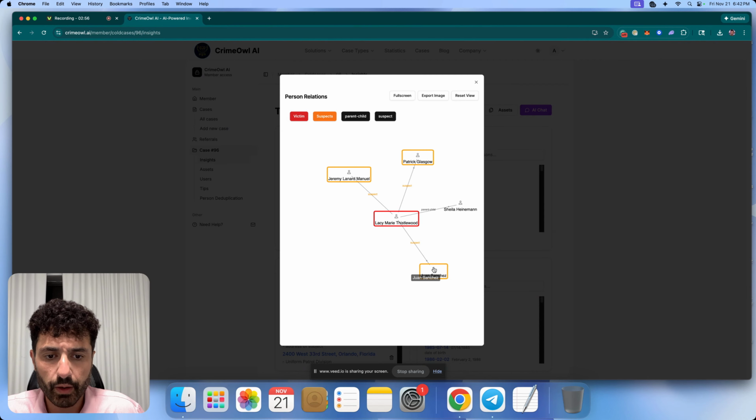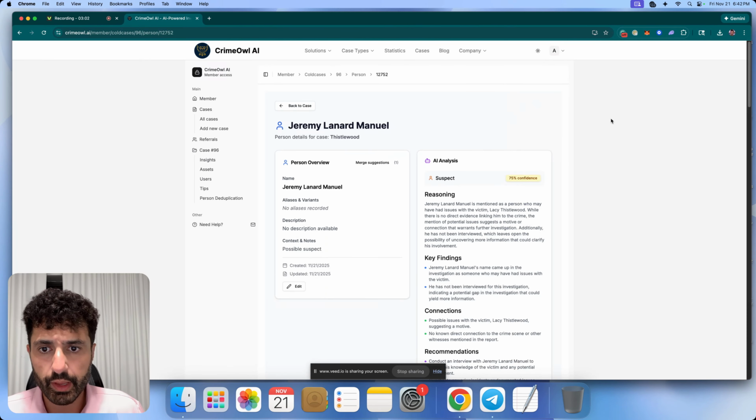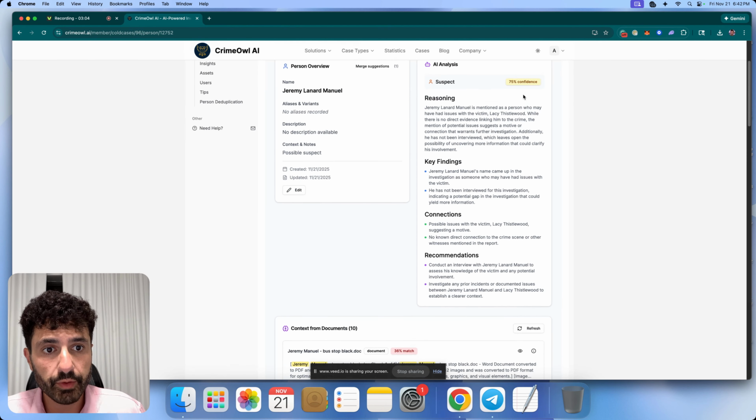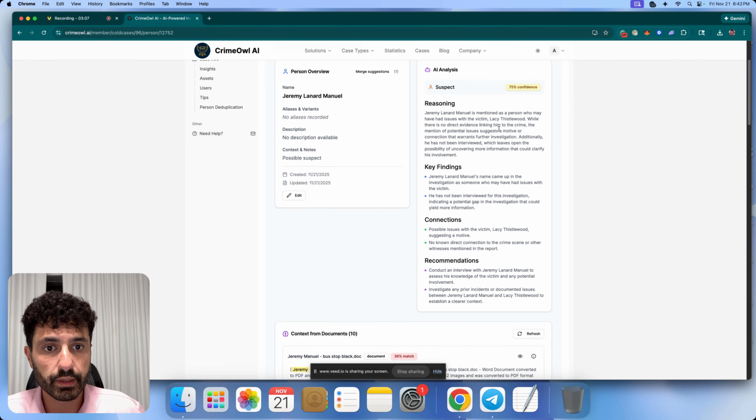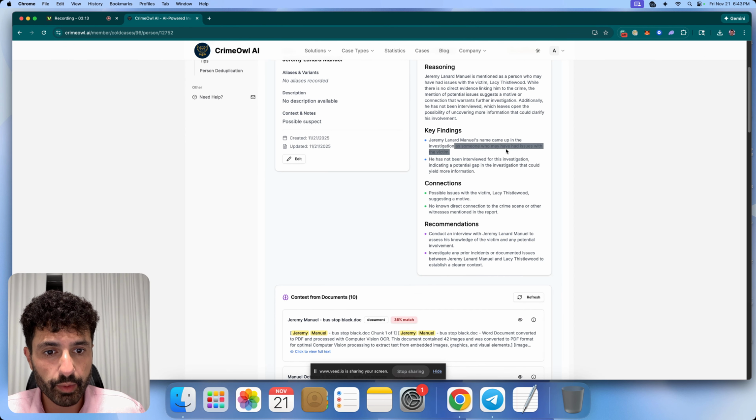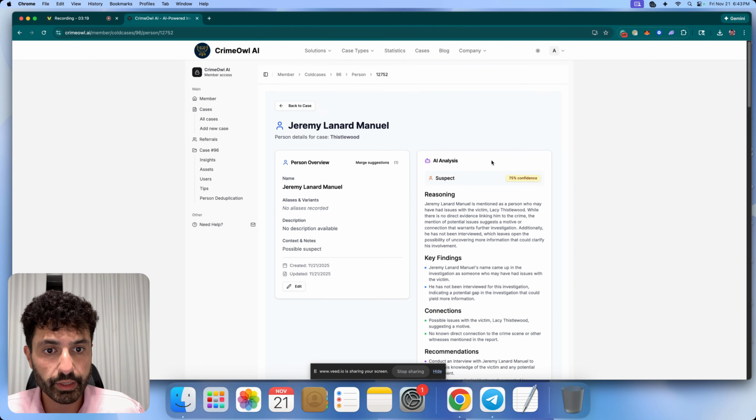The yellow are the suspects. So let's click on Jeremy. With Jeremy, 75% confidence he's the suspect. He may have had issues with the victim, came up in investigations. He has not been interviewed for this investigation, indicating a potential gap.